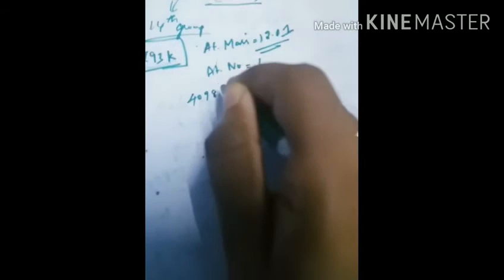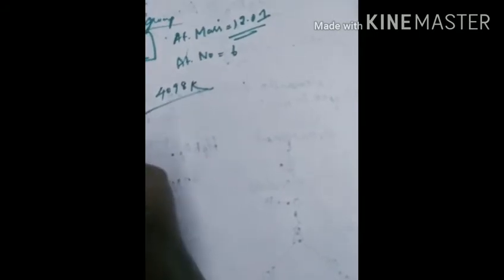The atomic mass of carbon is 12.1, and the atomic number is 6. These are the important things we have to see. The melting point or boiling point will be around 4098 Kelvin.